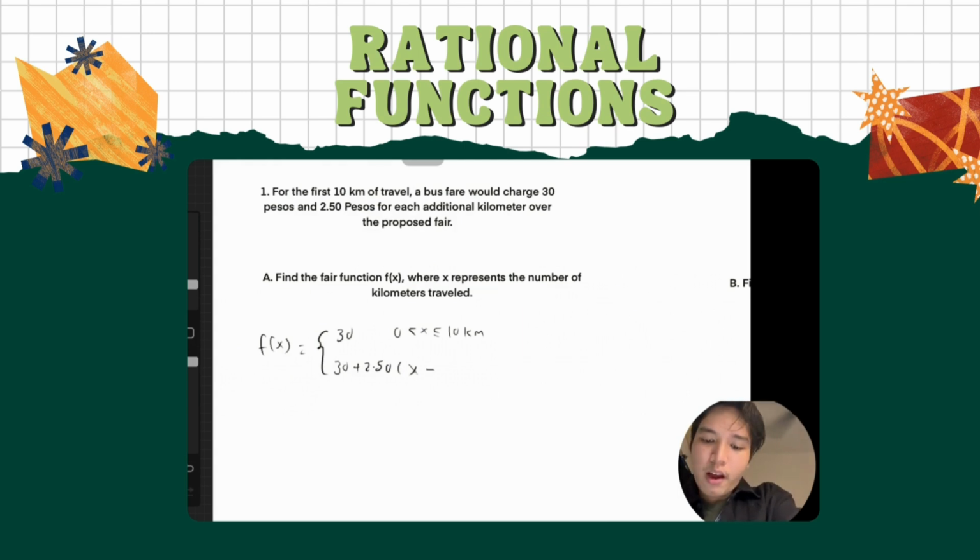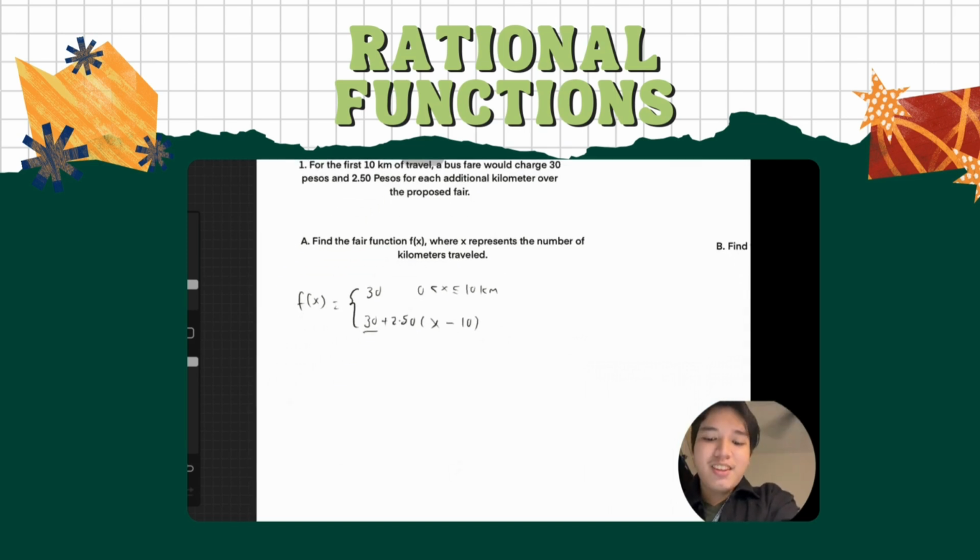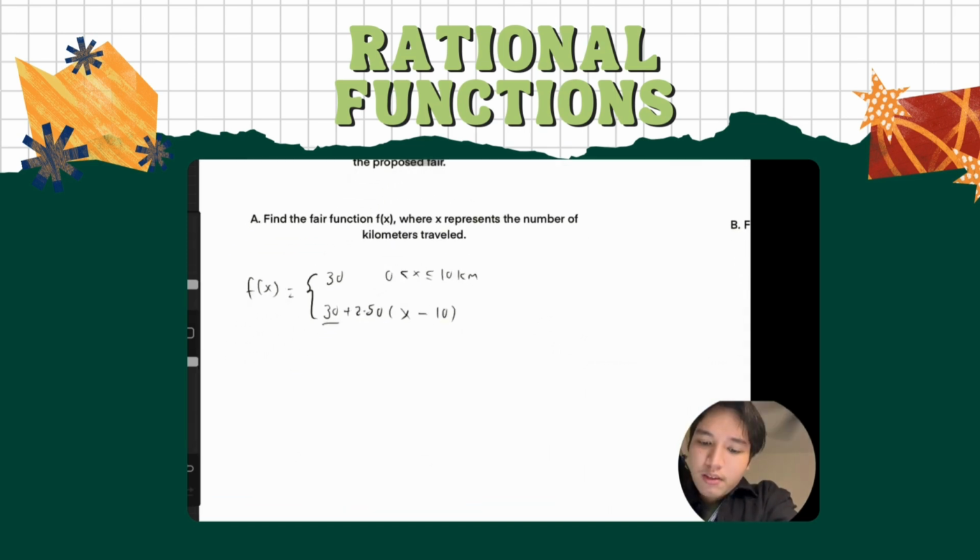Since we already have the 30 here, which covers 10 km already, we subtract 10 km from x for the additional kilometers. So the first 10 km will be deducted automatically. This would represent x is greater than 10 km.